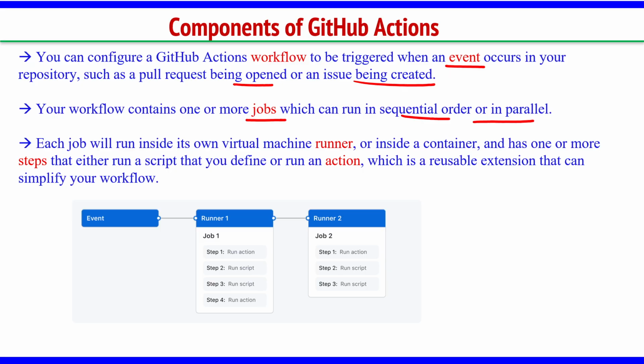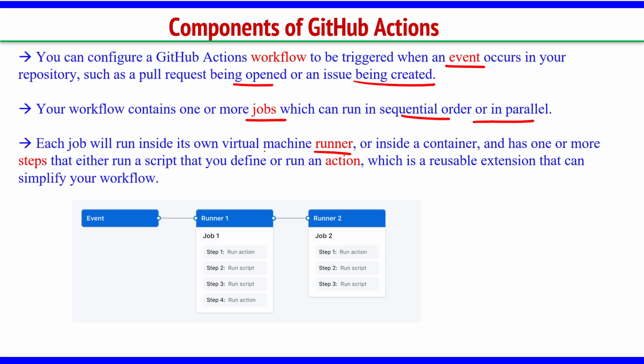What are the different jobs? A job can be to build, construct a build for me, or run some basic check. All that can be jobs. So a workflow contains one or more jobs which can run either in sequential or parallel order. Each job will run inside its own virtual machine runner.